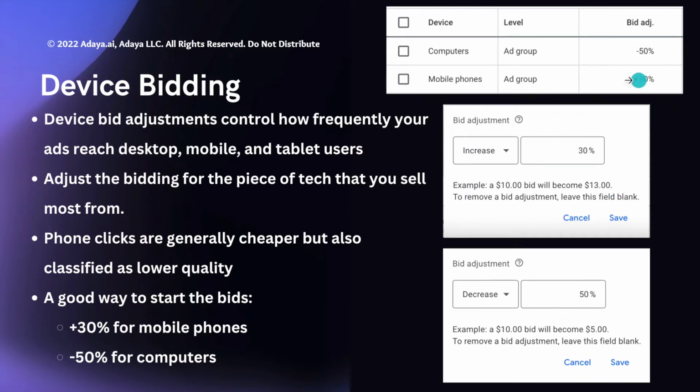Now, why do I have only increase for mobile phones and decrease for computers? In this case, if you're selling, let's say, a shirt or something of that nature, there's a lot of competitors. You probably want to give yourself the best shot at winning. That's why we're increasing it here. Computers, there's probably less people going on them, less searches through the computer, a lot more through the phone. So we're going to decrease this.